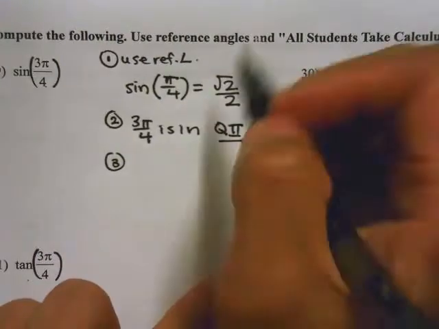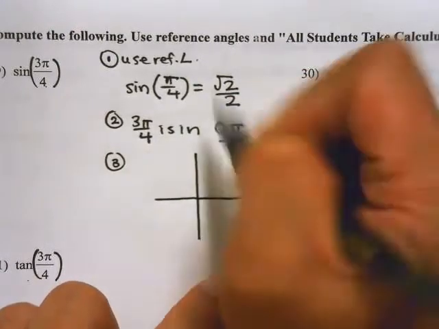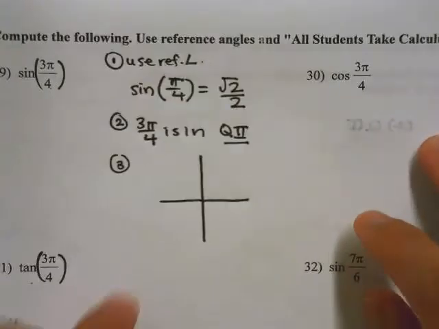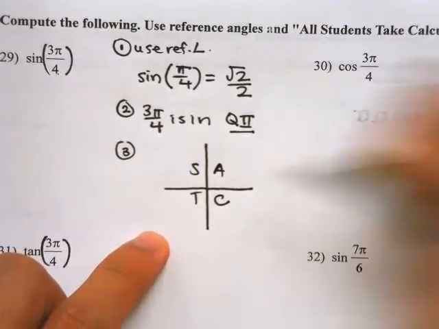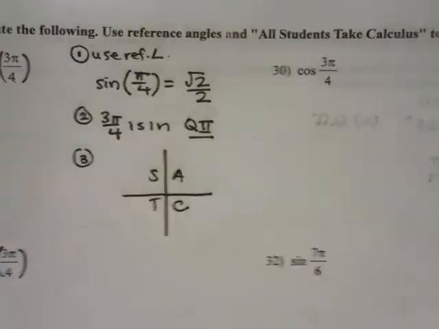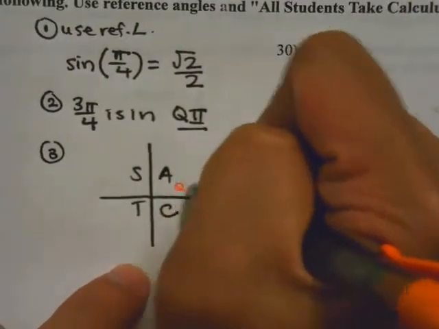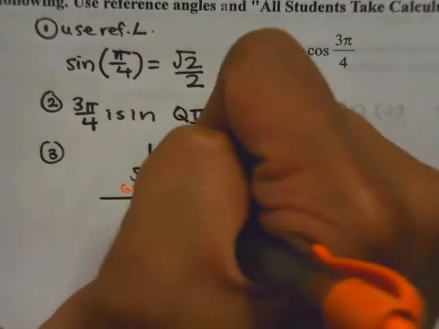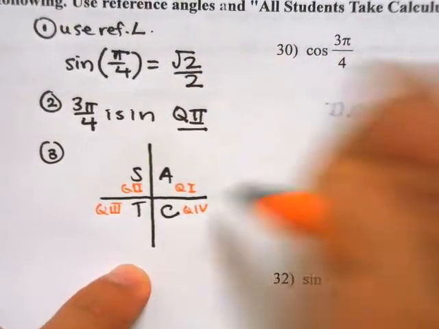I'm just going to draw it one time over here, and we're going to use this for all of them. Of course, if you need to redraw it every time, that's totally fine. So, All Students Take Calculus. They are separated into quadrants. This is quadrant 1, quadrant 2, quadrant 3, and quadrant 4.